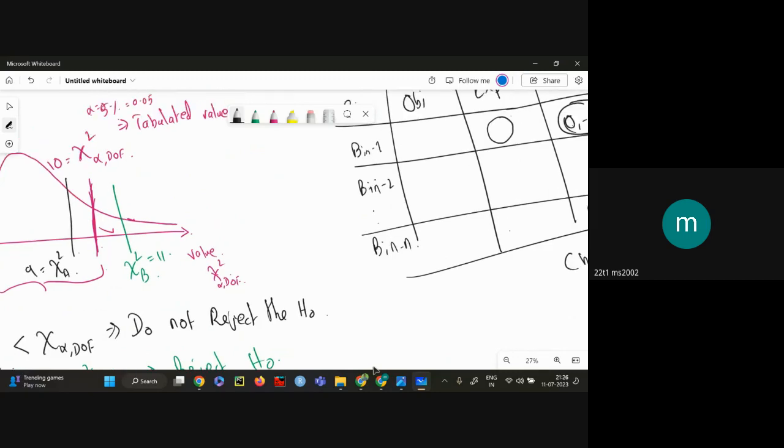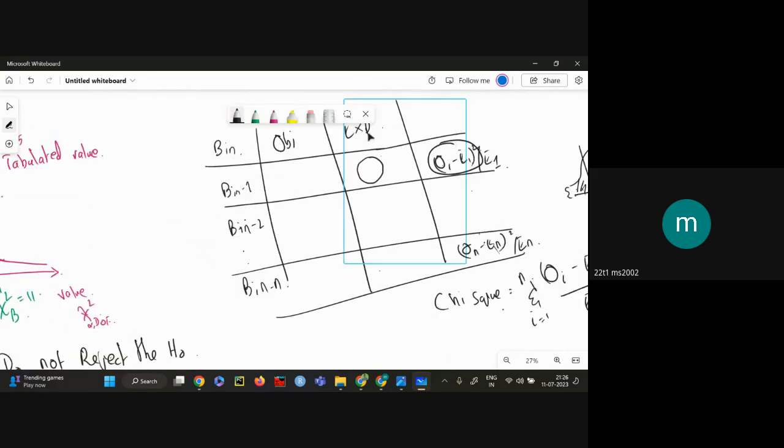Why? Because I am doing all of these computations assuming that the population is coming from a particular distribution. What is the expected value? The expected value is PMF times N, right? The probability mass function times sample size. This is your expected, right?